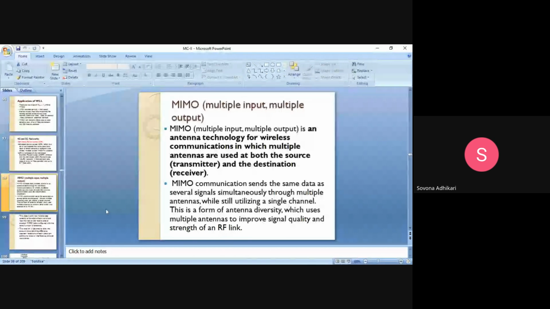MIMO techniques. MIMO communication stands for multiple input and multiple output. MIMO is an antenna technology for wireless communication in which multiple antennas are used at both the source transmitter and the destination receiver.